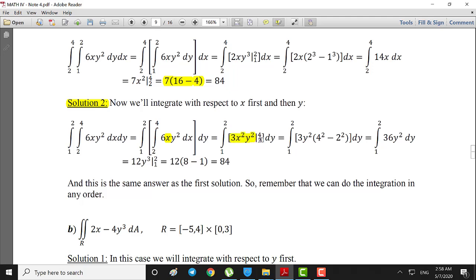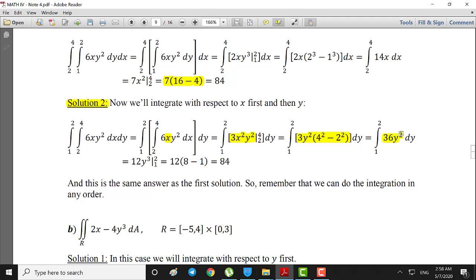And if you consider the lower and upper limits, we're going to have 3y² times 4² minus 2², which is 36y², right?